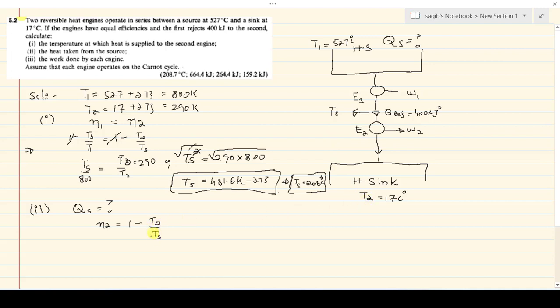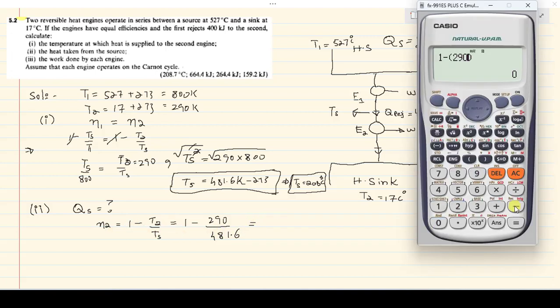So 1 minus T2, which is 290, divided by Ts, which is 481.6.